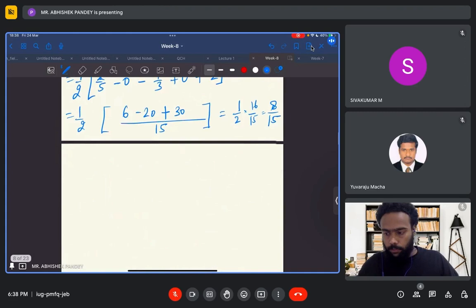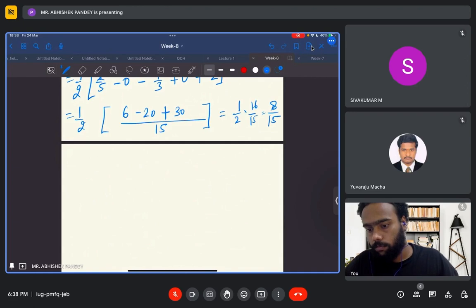Okay. So now we'll move towards the next concept. Let's see. Okay, so the next thing is surface area.